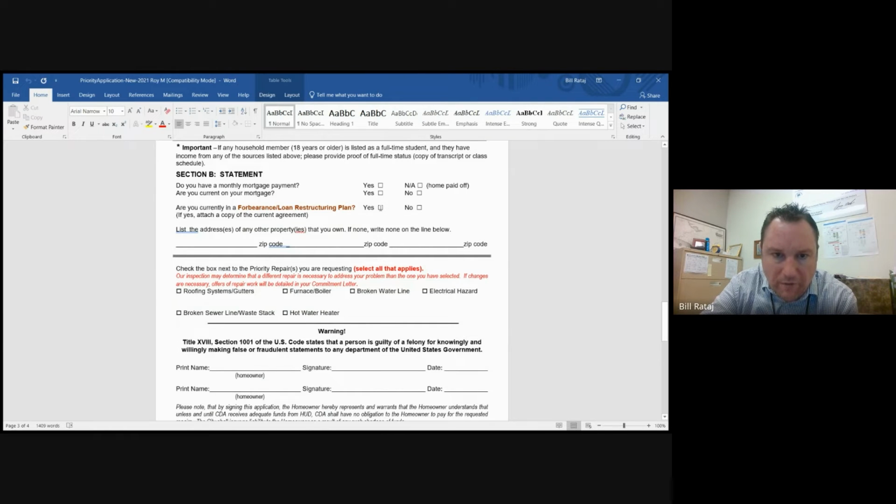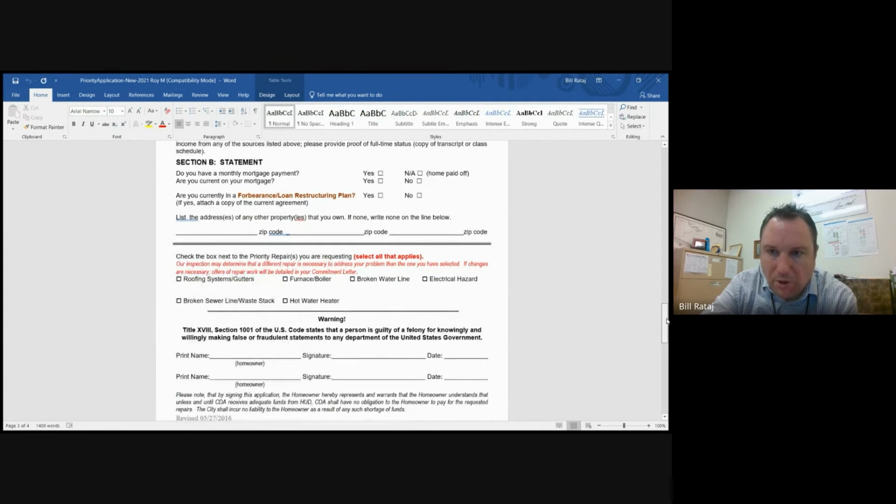So if you are in a forbearance plan, we need to see a copy of that. Again, that doesn't necessarily make you ineligible for the program, but we just need to make sure that you are going to be able to maintain making the payments through that plan and not in danger of foreclosure. Okay, and again, list any of the addresses of the properties that you own. And if there aren't any other, you could just write none, but we need to have that information.